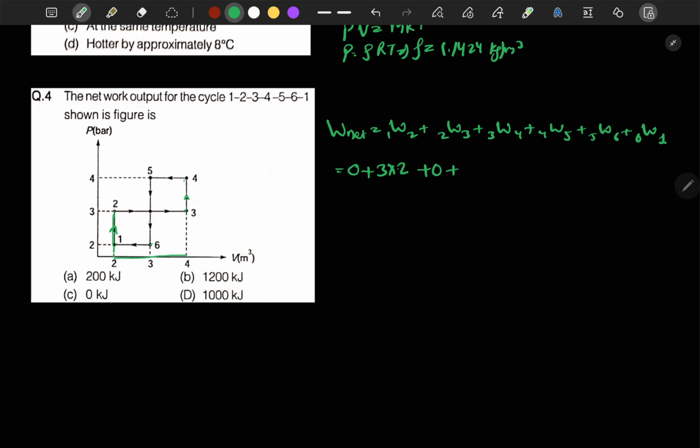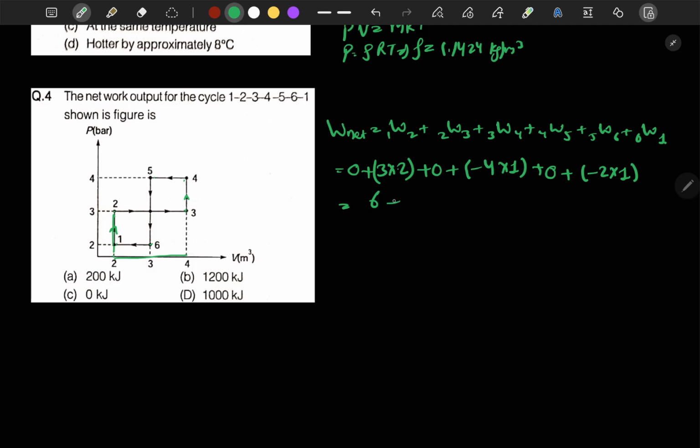Plus 4 to 5. 4 to 5 is a constant pressure compression process, so this will be negative: 4 into change in volume, which is only 1. Then 5 to 6 again constant volume, so work done is 0. And from 6 to 1 again it is compression, so the value will be negative: 2 into change in volume, which is 1. Okay, so we will solve this equation.